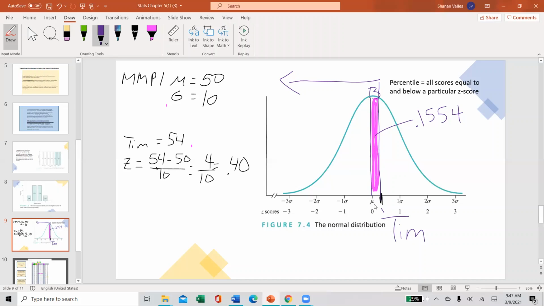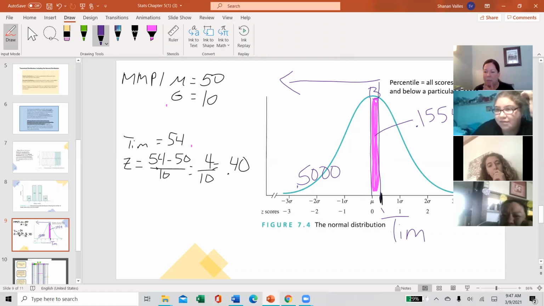I believe we talked about this, that this proportion in here will always equal 0.5000. The proportion below the mean or above the mean is always 0.5000. Do we remember that? I can't see y'all's faces. We don't remember that? That's okay.